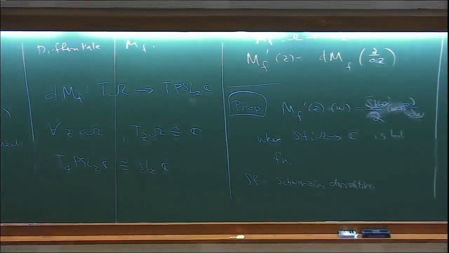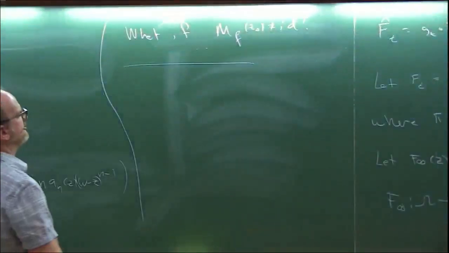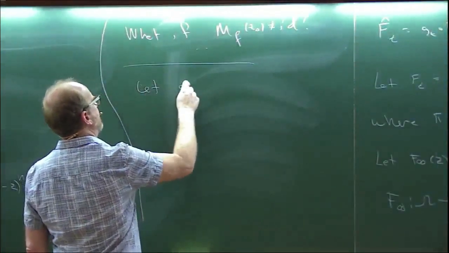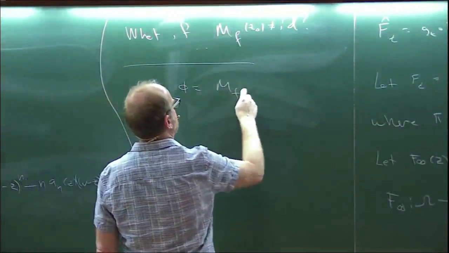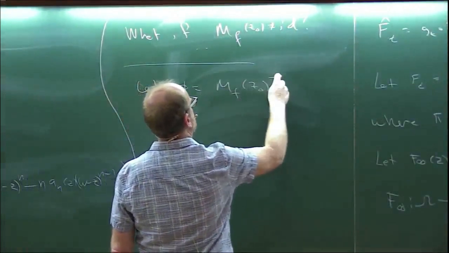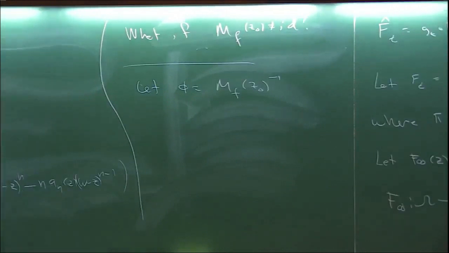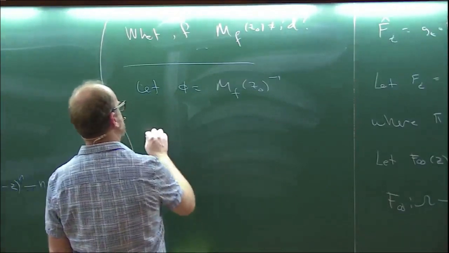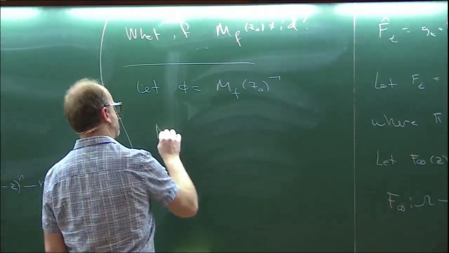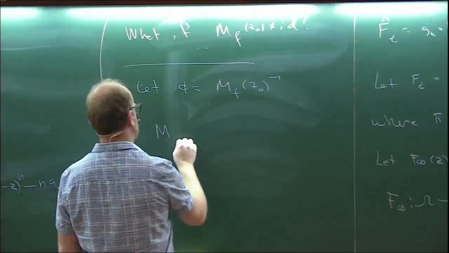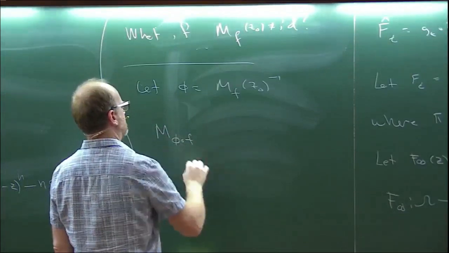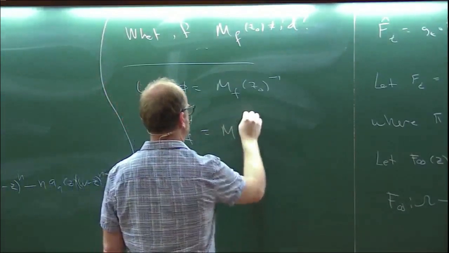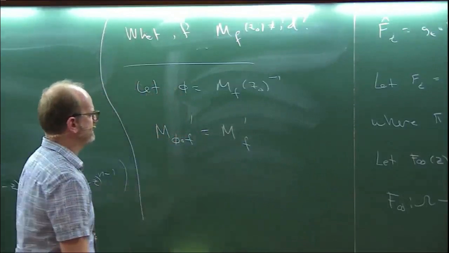So what I can do here is, in particular, I'm going to let phi equal the inverse of this Mobius transformation. And the point is that if I look at this derivative of this oscillating Mobius transformation map, these two things are equal.